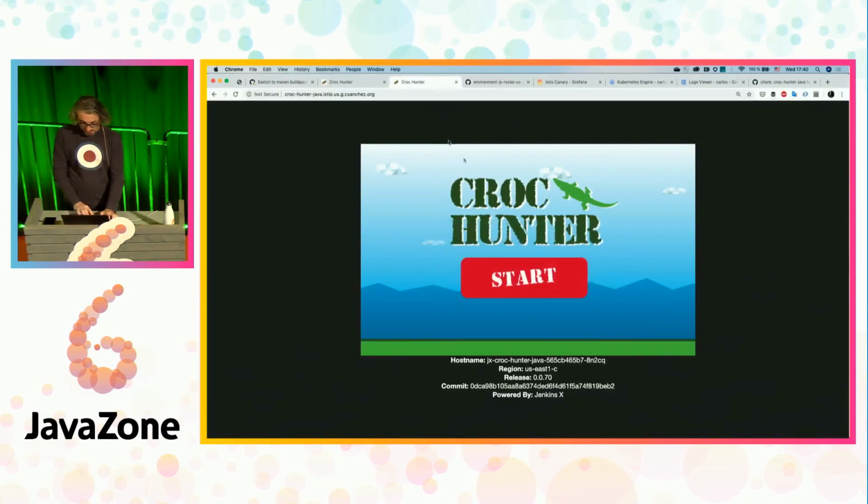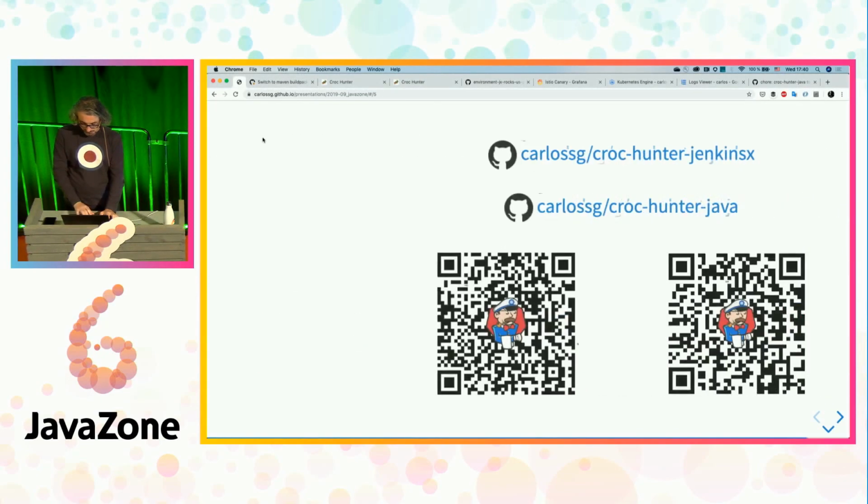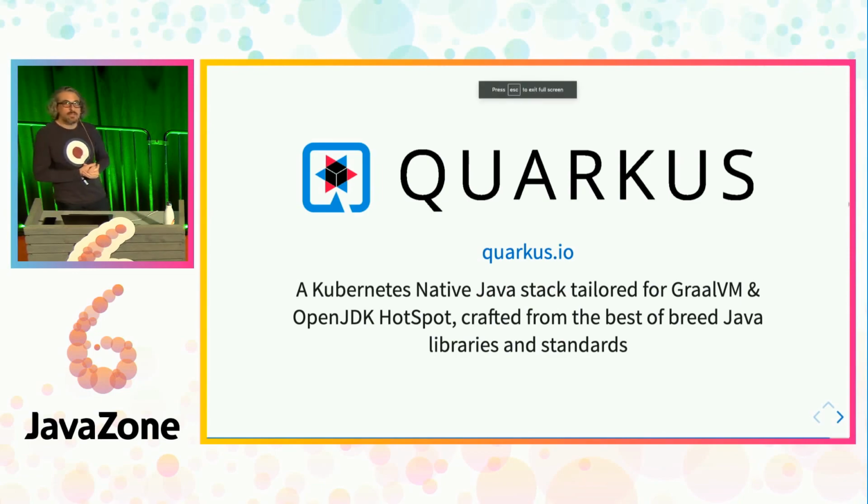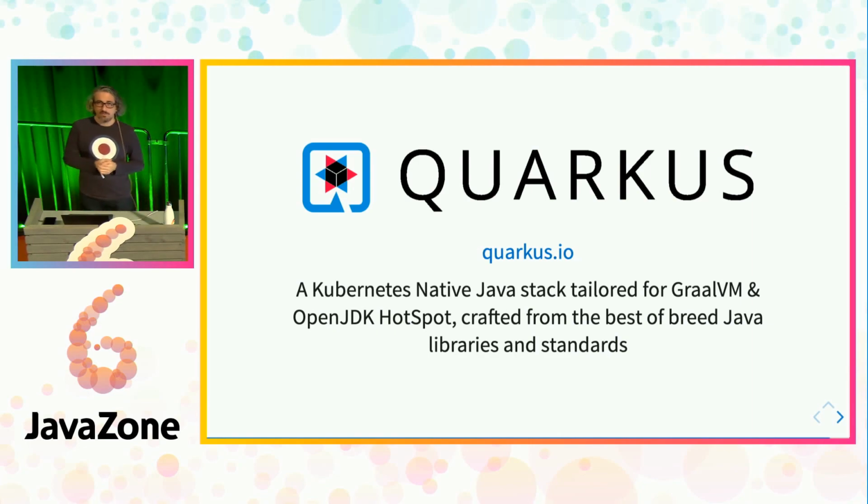Well, I can tell you something about the app while we wait. That's where you can get it. I have 2 versions of the demo. One is in Golang, the other one is in Java. So you can choose. It's the same application, just a different language. And it's using Quarkus. Has anybody heard of Quarkus? Yeah, some people. It's a new Java framework for microservices, and it has some interesting things, like it uses Graal.